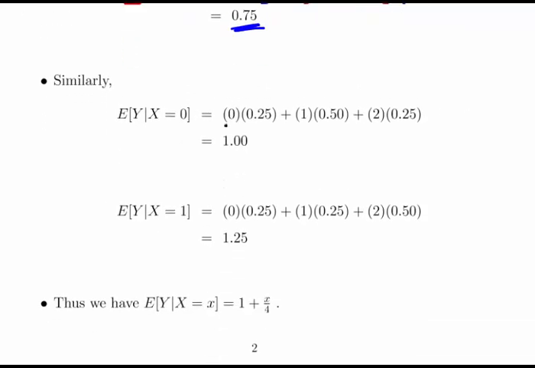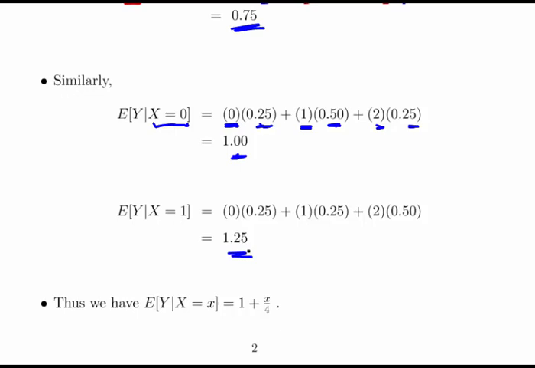Likewise for these two here, 0, 1, and 2, given that x is equal to 0. The probabilities are 1/4, 1/2, and 1/4, or 0.25, 0.5, 0.25. So that's equal to 1, and there we go. The expected value of y given x equal to 1, done the same way, is 1.25.